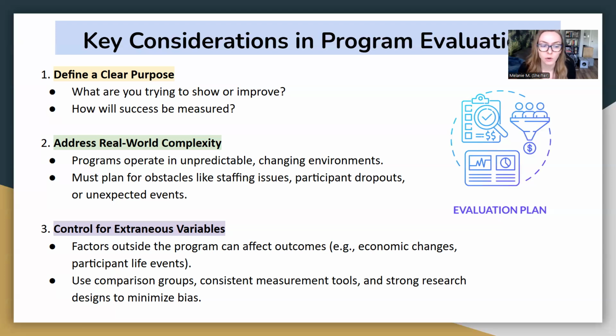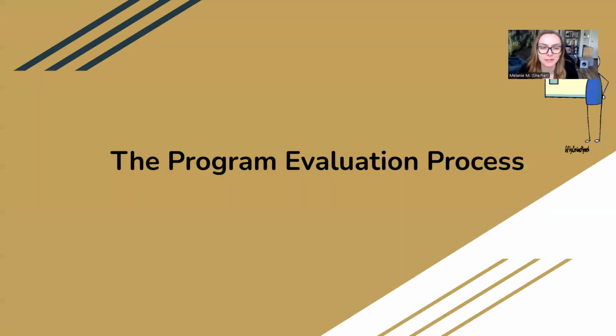So you have to think more intentionally about if we're going to use comparison groups, are those actually comparable groups? And how are we controlling for all of this other variability between people's lived experiences? We have to think differently about measurement tools and research designs to try to minimize that bias while still getting strong, valid data. So extraneous variables wreak havoc on program evaluation, and it's part of why you report it a little bit differently. But again, I'll try to stay in my lane talking about this.